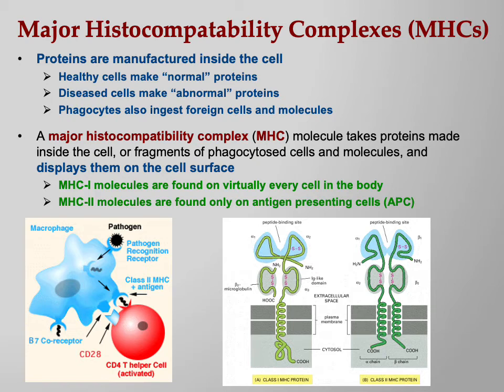That's what the MHC2s are for. And we're going to see more about that coming up. But APCs are the only ones that have MHC2s. That's how they tell your immune system that bad guys are here. Whereas, again, the MHC1s are found on every nucleated cell in your body, and that's how other cells of your immune system can tell whether that cell is healthy or whether it's been infected.